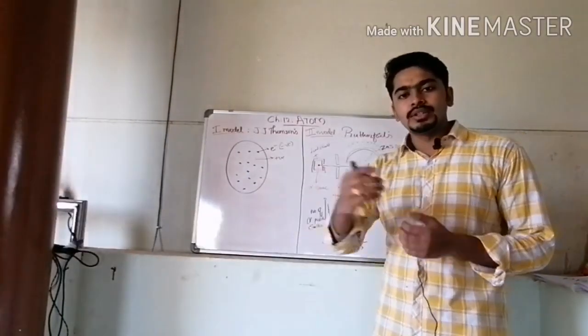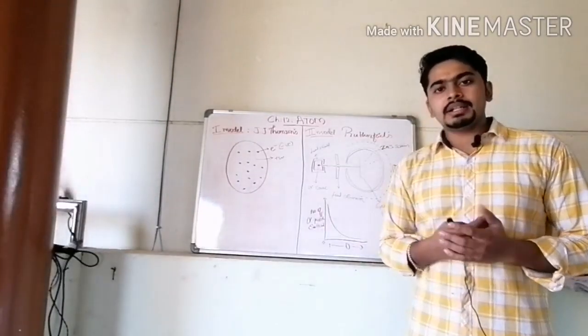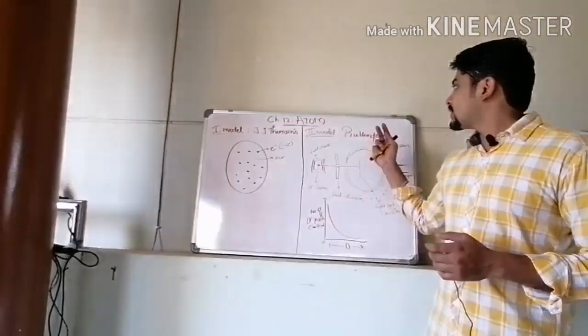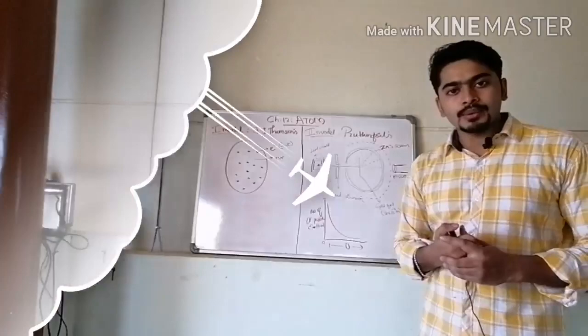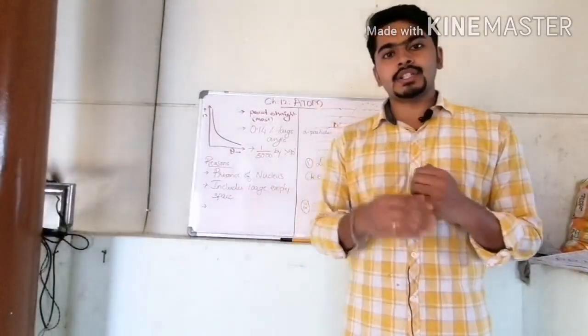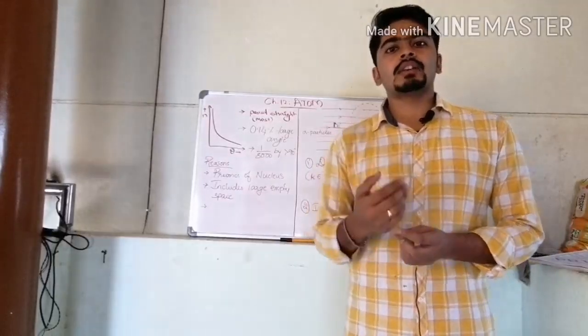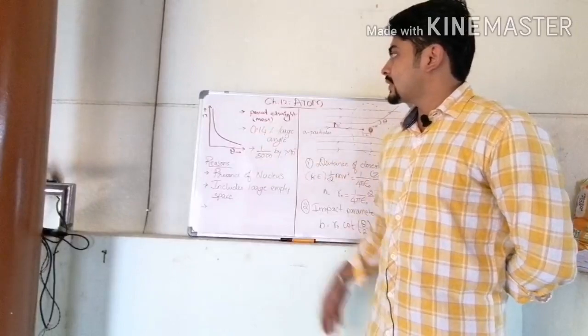He gave some ideas, which are nothing but the postulates of the Rutherford alpha scattering model, that we shall study now, students. Now I am explaining the theoretical explanation given by Rutherford based on the alpha particle scattering experiment. I have explained this graph.